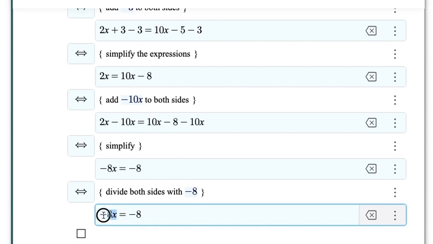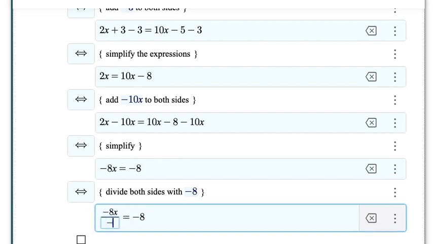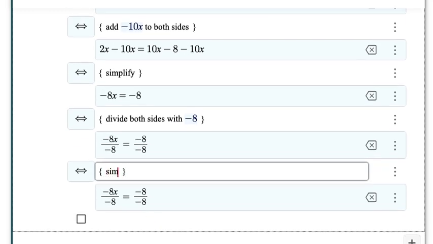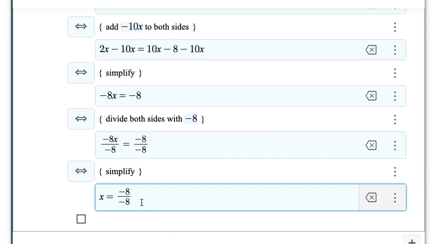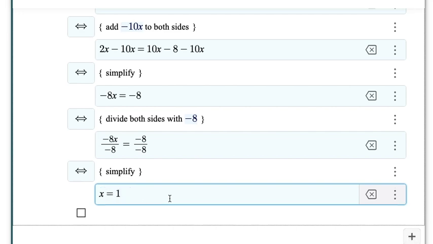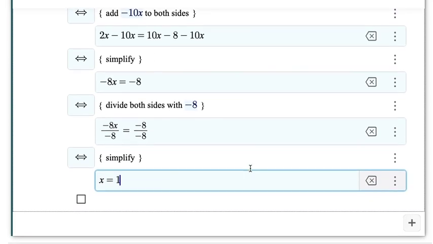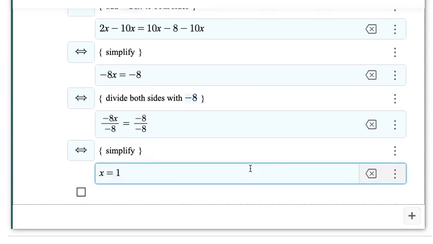So we get here divided by minus 8, and here divided by minus 8. And then again we simplify, and we get on the left hand side x, and on the right hand side we get 1. So we have solved the equation: 2x plus 3 equals 10x minus 5 is equivalent to x equals 1.